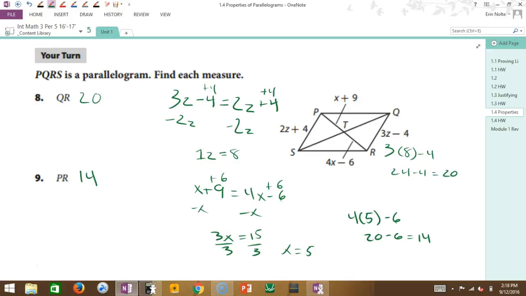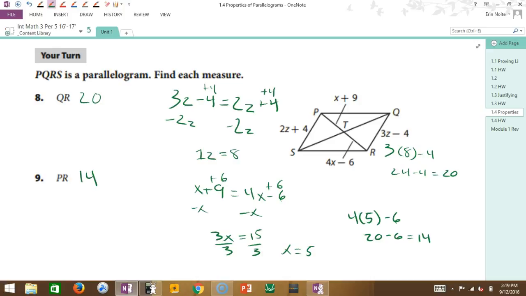Anybody agree with Logan? Does anybody disagree with Logan? I think it's 28. Okay, so once we have 5, what do we do to find PR? Wouldn't it be 28?